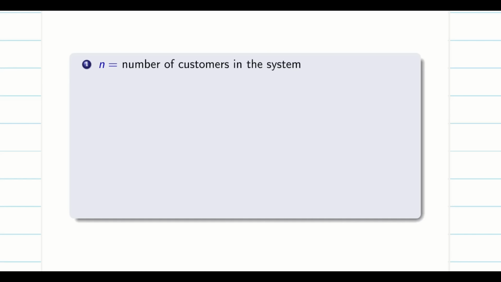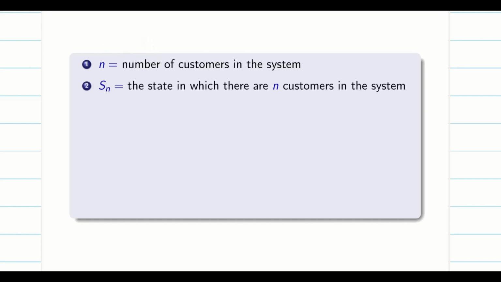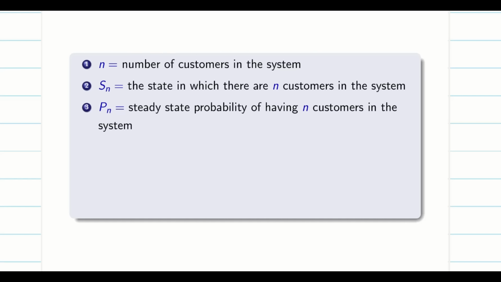Okay, the next one is the basic notations. Whenever there is a queue, the number of customers will be N. I am going to use N as the number of customers. Sn is the state in which N customers are in the system. Pn is the steady state probability.